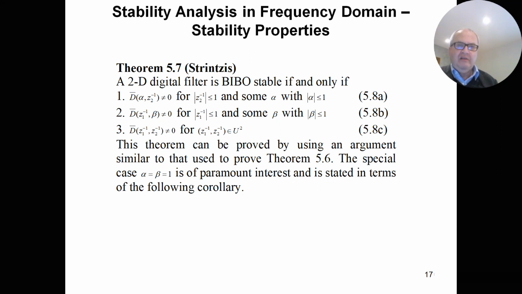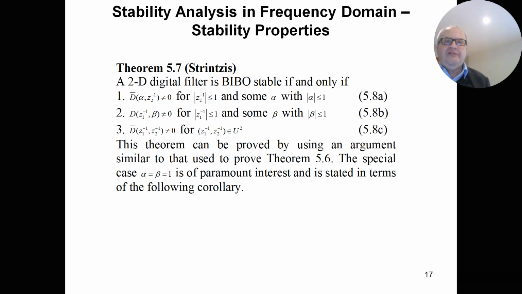Theorem of Strintzis. Strintzis was a professor at the Aristotle University of Thessaloniki, and this theorem made him famous. And now in the bibliography, this theorem is called the theorem of DeCarlo-Strintzis because DeCarlo and Strintzis discovered this theorem simultaneously and independently of each other.